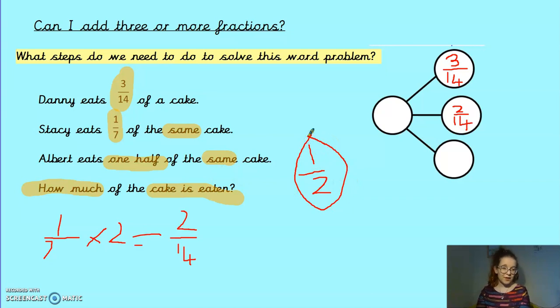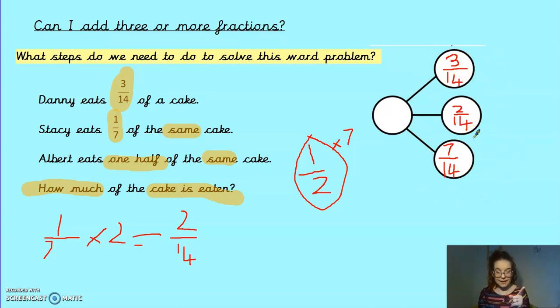Am I going to times by 2? No, because that won't get me anywhere near 14. I'm going to do my half times by 7, because 2 times 7 is 14. So I'm going to times that one by 7, and that should give me 7/14. There we go.